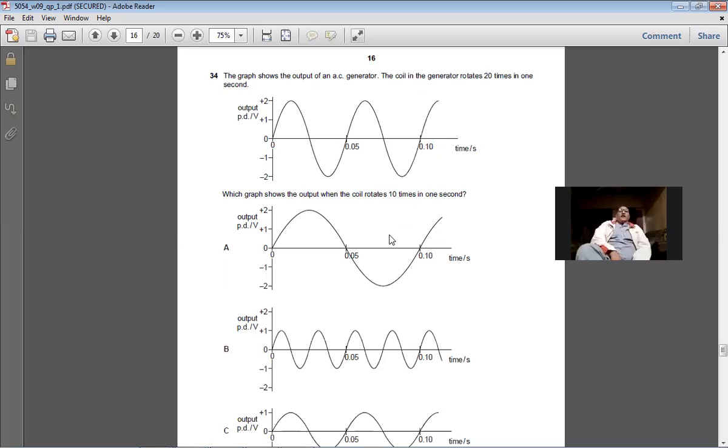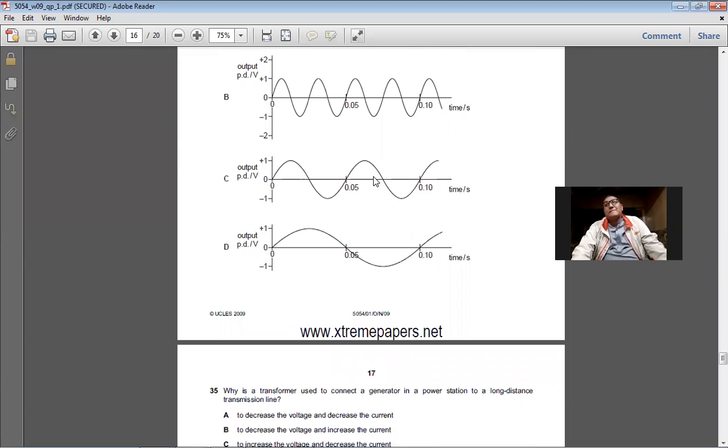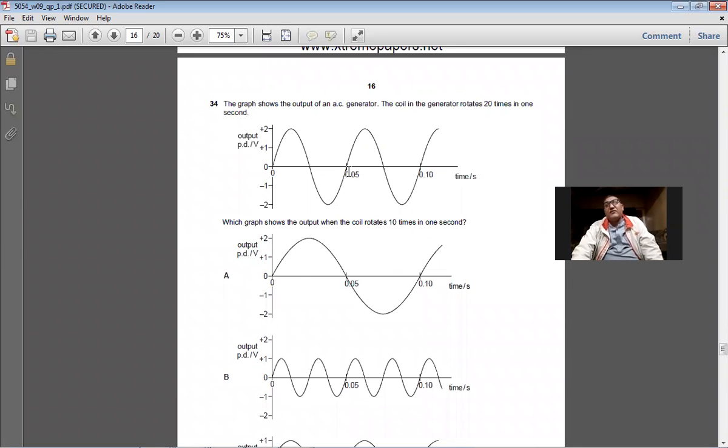If it rotates 10 times in 1 second, this time period will reduce. This time period to complete the wave will reduce. See here, to complete a wave, you have to take 0.05 seconds.